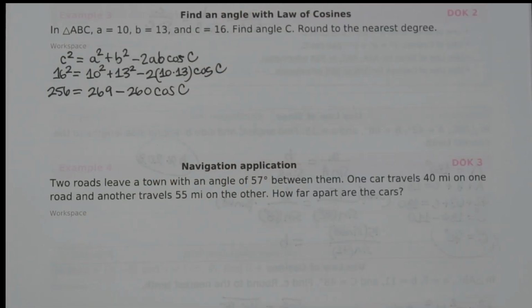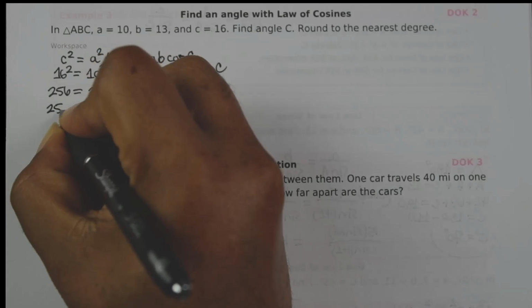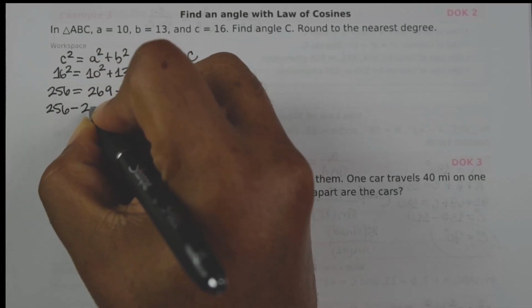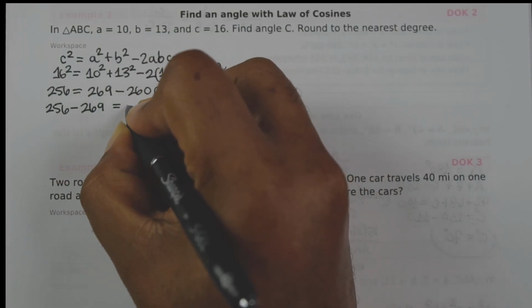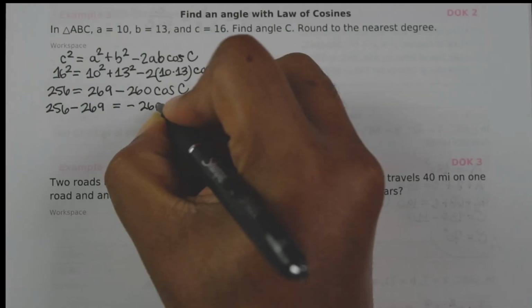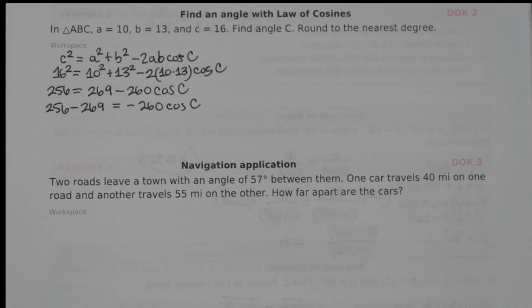Okay, now we need to solve for the cosine of C. So what we do is we'll subtract 269 from both sides. 256 minus 269 equals negative 260 cosine of capital C, right?